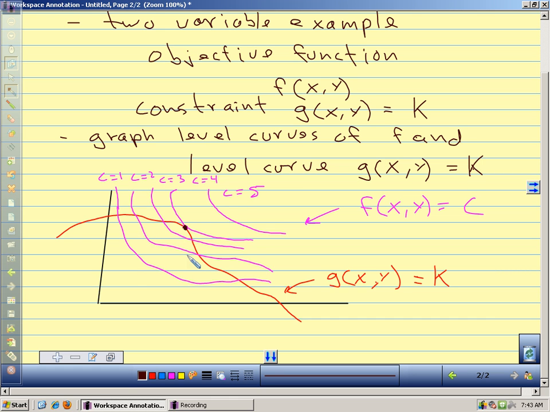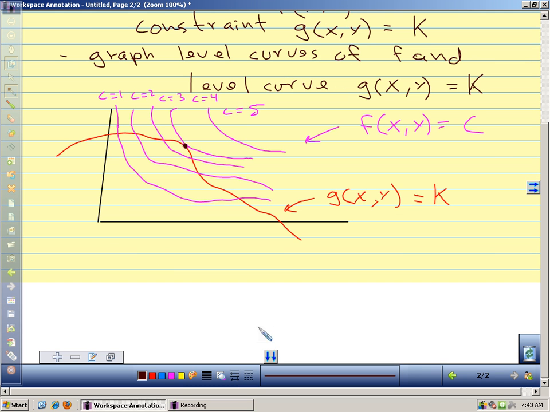So when we obtain a maximum value of f, our function and our constraint share a tangent line. That's going to be the important thing for our method.